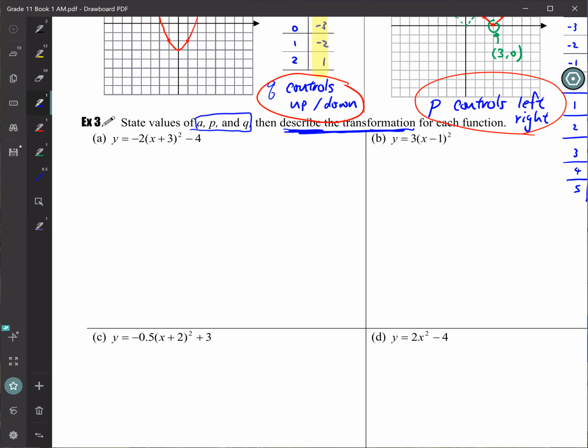The S is whether it is a vertical expand or compress, and by how much. And T is the translation, which way. So let's go over the first one together. We'll start with A, P, Q. Please write out A, P, Q and raise your hand.